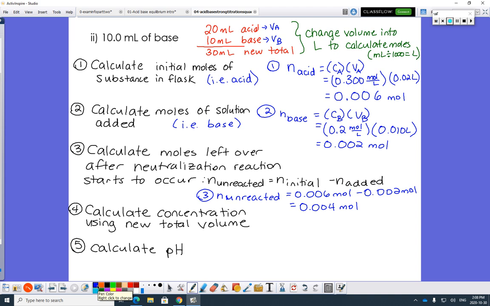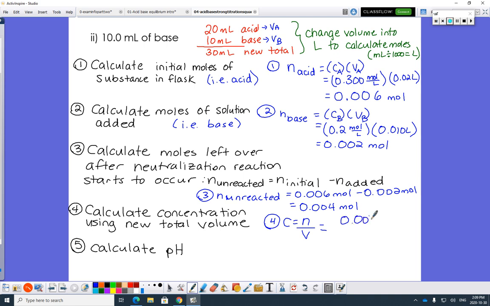So here, we want to always get down to pH. So in order to do pH, it has to be concentration. So we have moles, but we need to find concentration first. If you forget the concentration formula, it is in that equation box on the exam, okay? I don't want to squish, so I'm going to put more than one equation on the line.